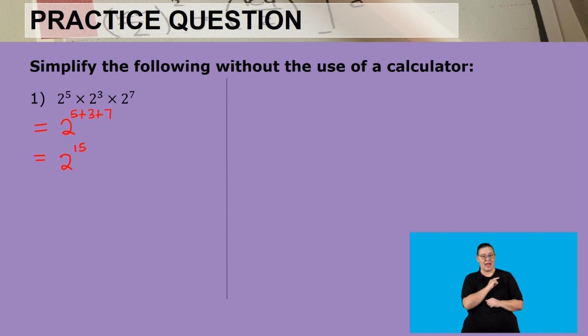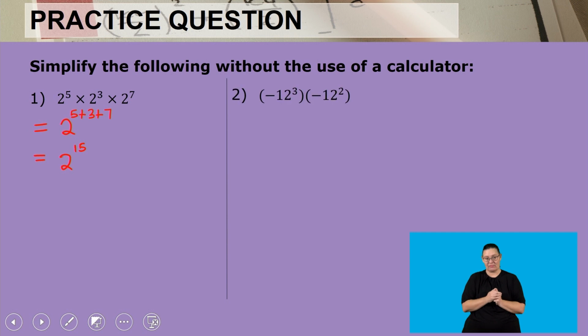Remember, because addition is commutative, you can also say 3 plus 7 gives 10, and when we add that 5, we get 15. You can use either your commutative or your associative properties. Let's go on to the next one.